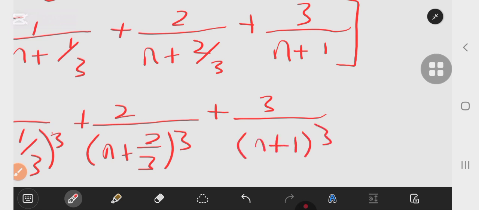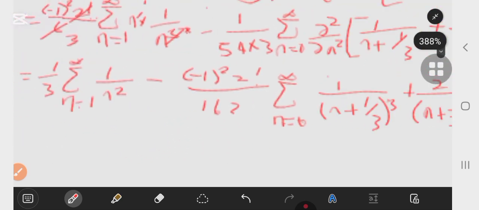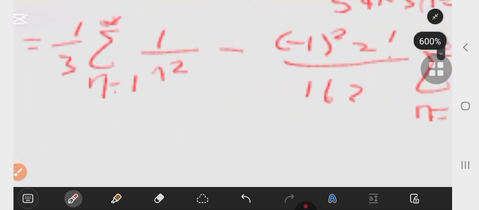Okay, now note something. I'm introducing functions now.